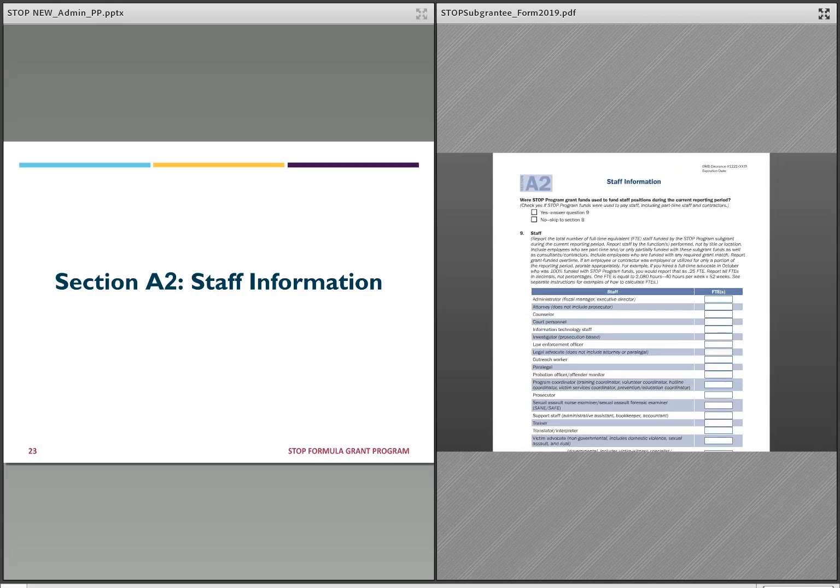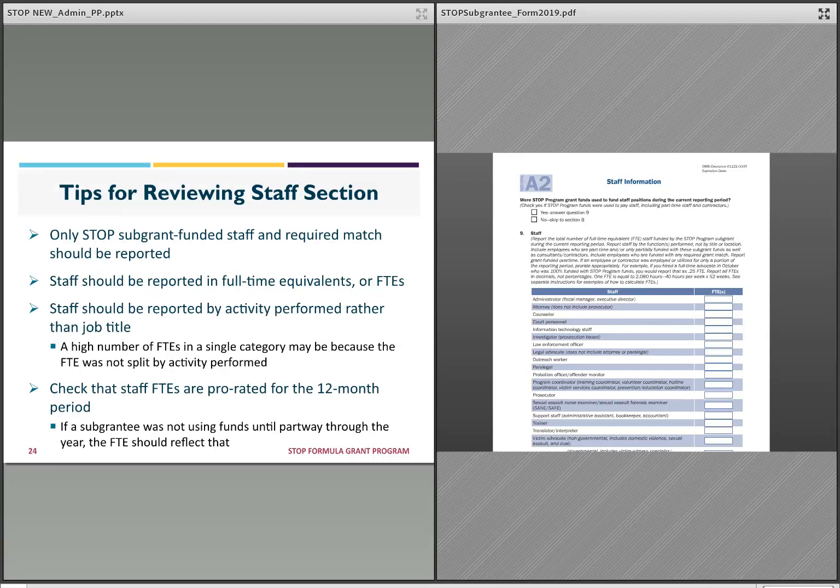Section A2, staff information, is where any and all individuals working on the STOP subgrant should be reported according to the amount of time that was paid with STOP subgrant funding or supported by required grant match. So if any staff were working using grant funds or required match during the current reporting period, the subgrantee should be filling out the staff section.